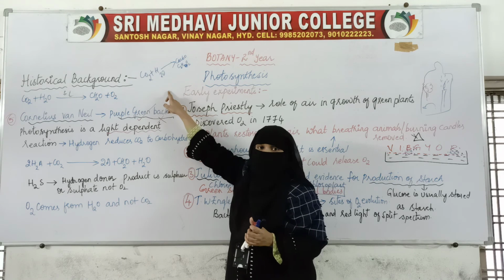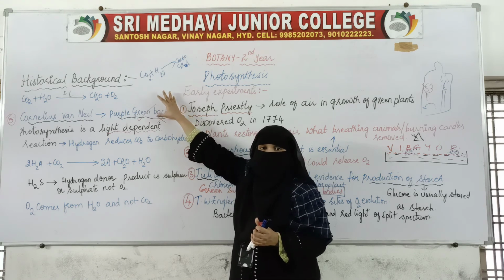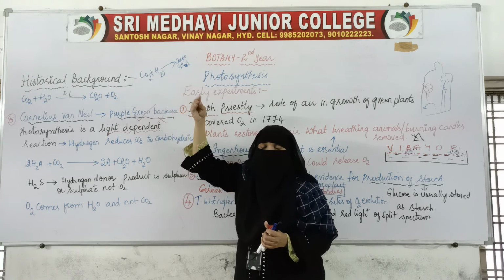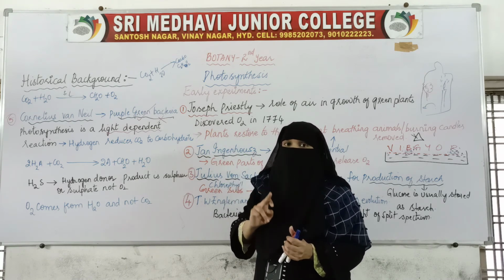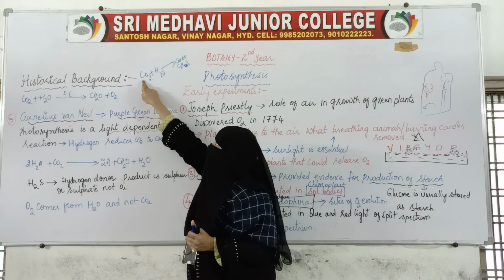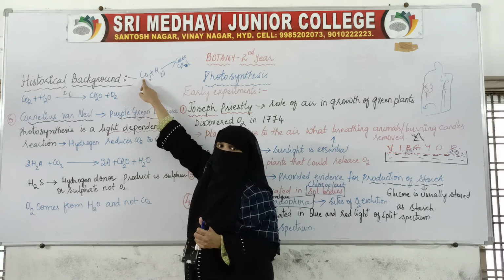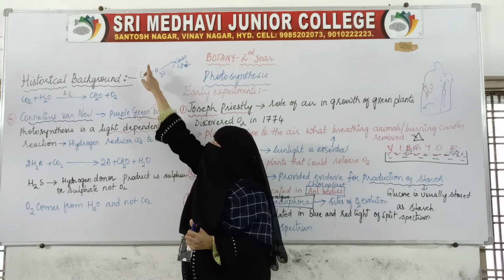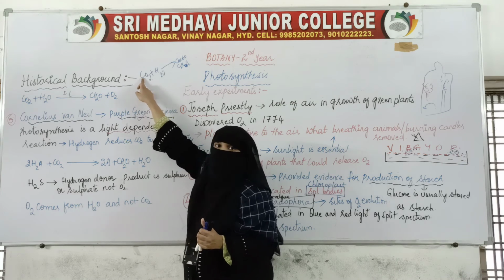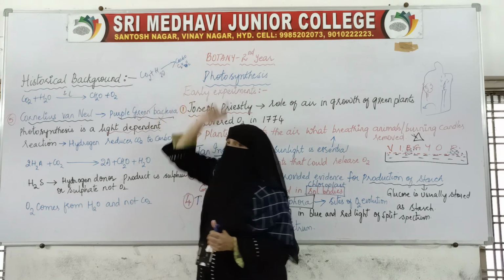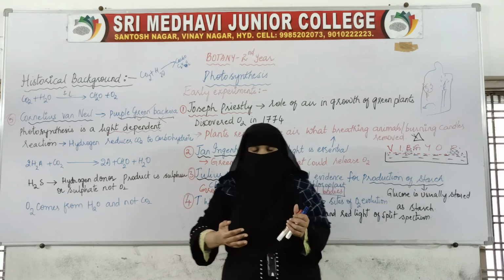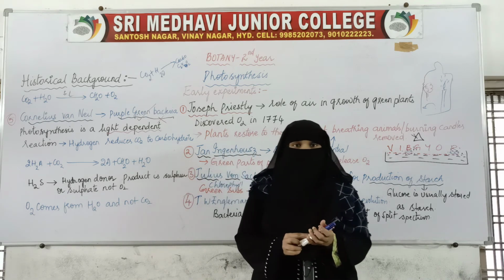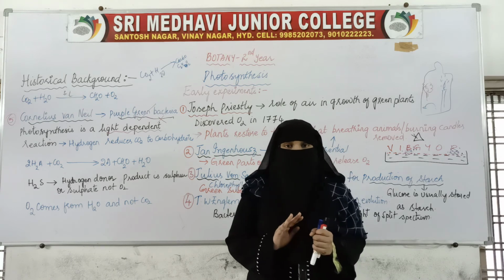It was assumed that the oxygen released comes from the carbon dioxide, and that the hydrogens are added to this carbon to make the carbohydrate. But later they found that there are a few organisms which do not release oxygen.